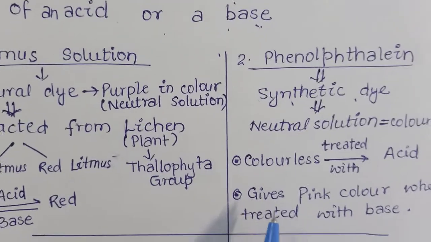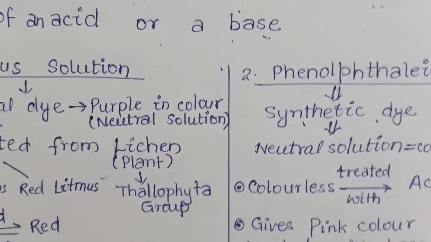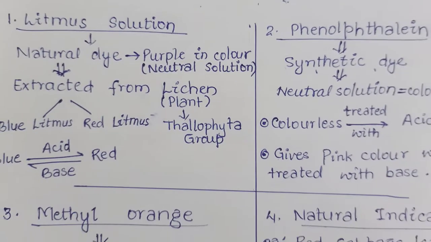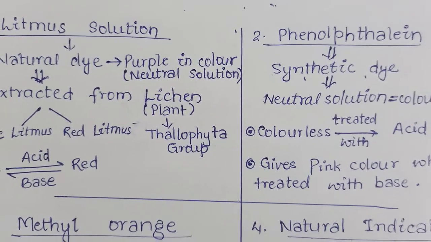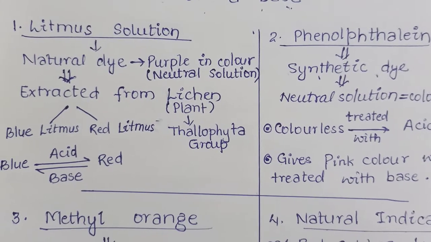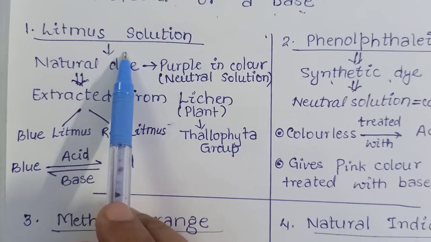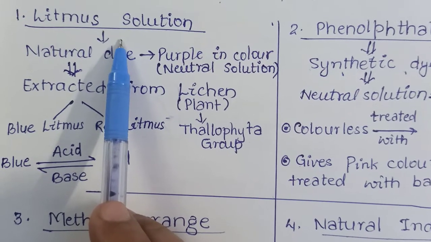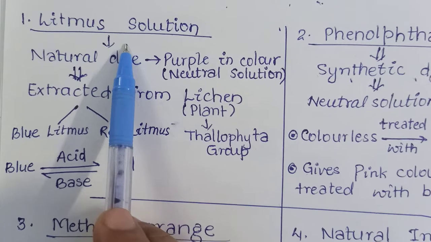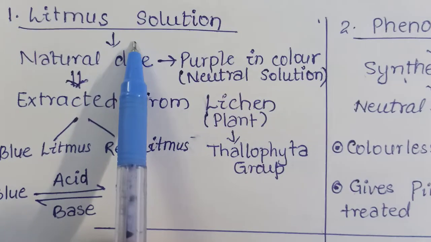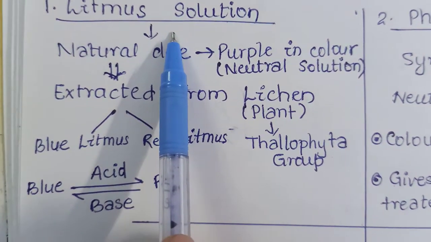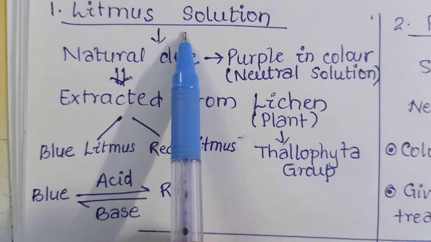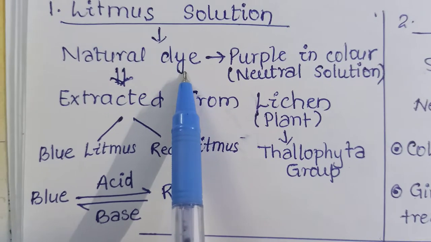The examples of acid-base indicators are as follows. The first example is litmus solution.